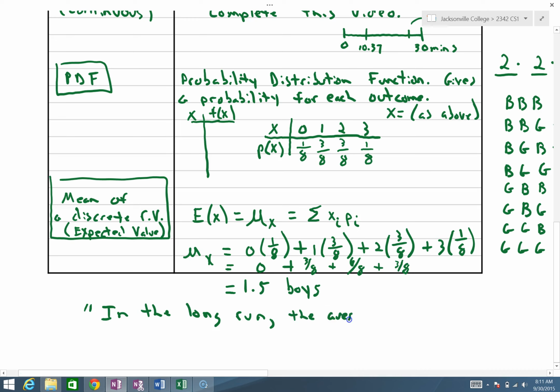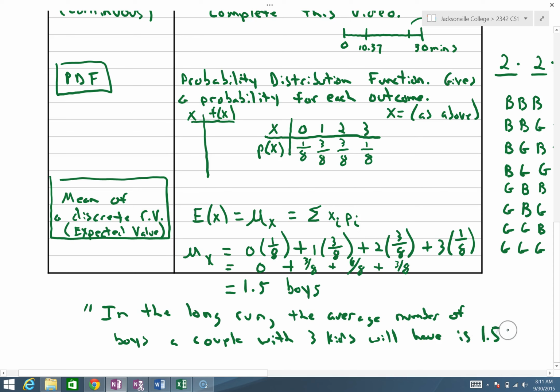The average number of boys a couple with 3 kids will have is 1.5. Will there ever be a time that you have 1.5 boys?